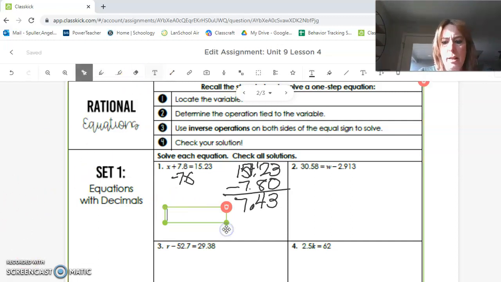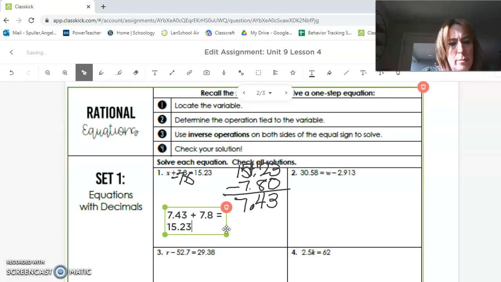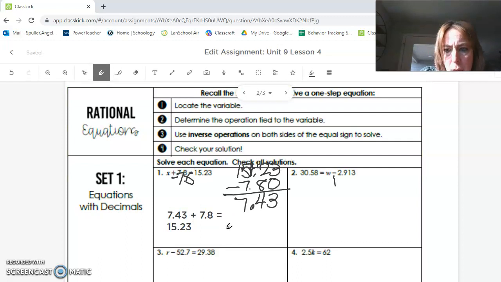So I can prove it by saying 7.43 plus 7.8 equals 15.23. All right, so here we go. We're adding, so we're going to say plus 2.913.